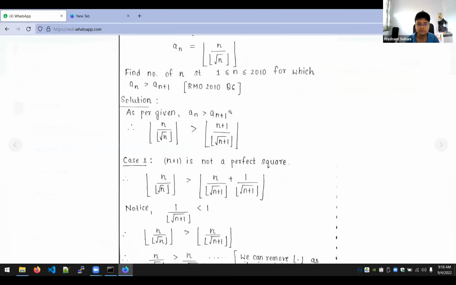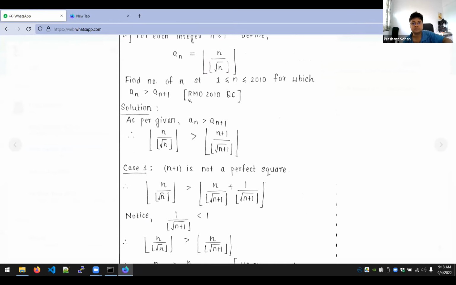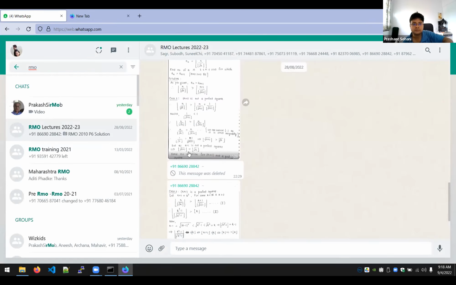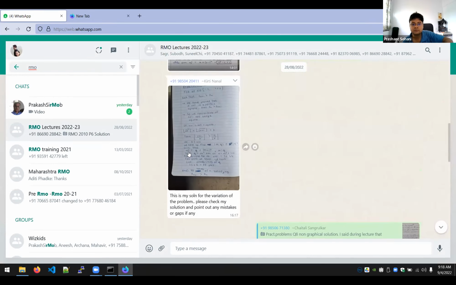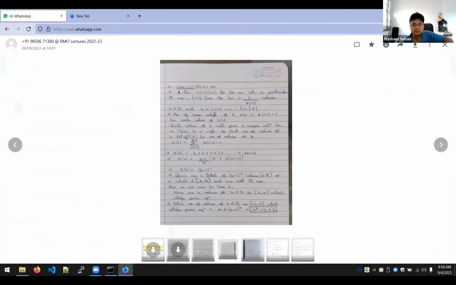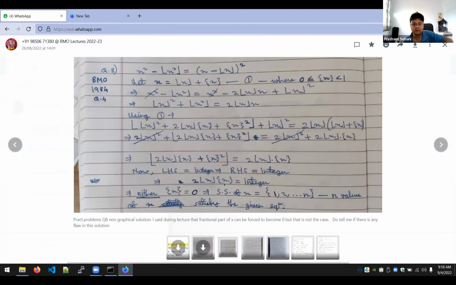So we started by resolving the original given equation.